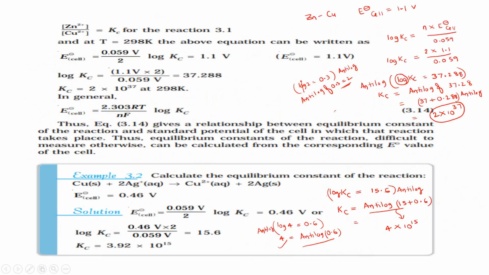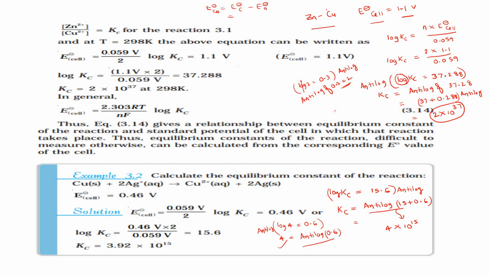Next, we have taken the zinc copper cell, in which E naught cell we calculated a number of times, and it is 1.1. Otherwise you write like this: E naught cell equals E naught cathode minus E naught anode.